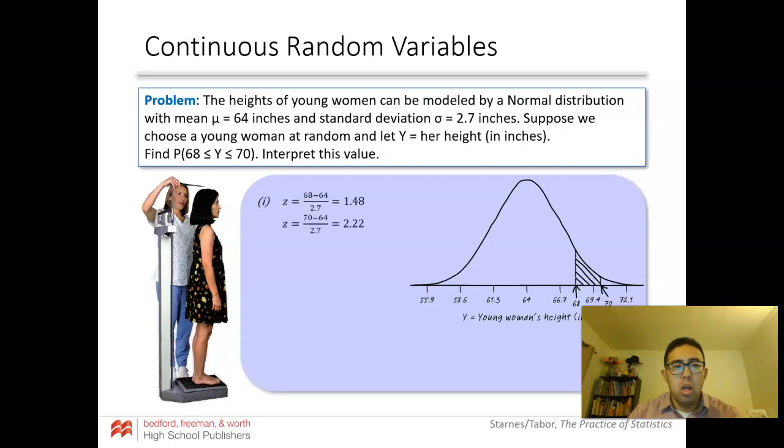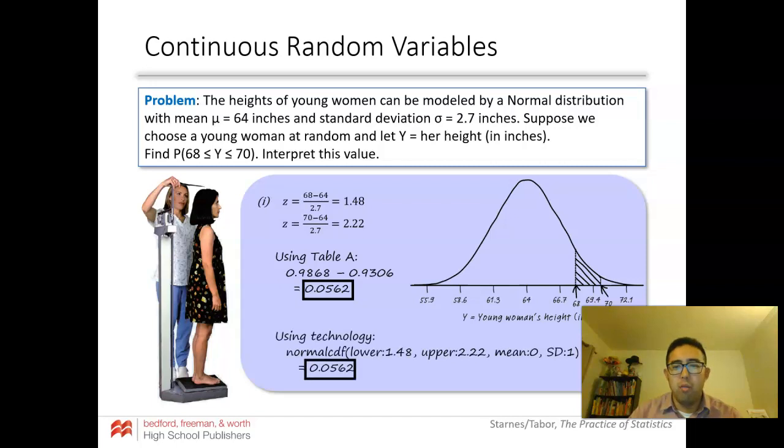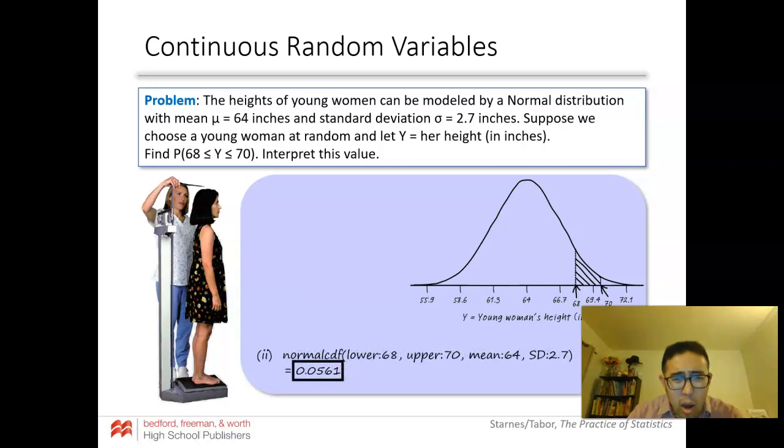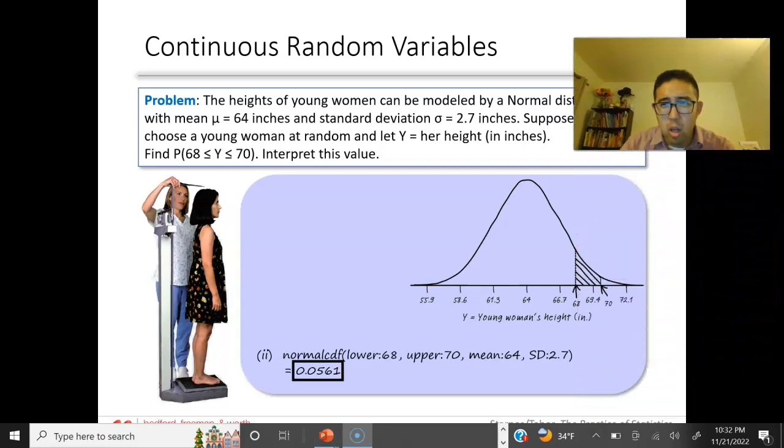Well, let's say we ignore table A. If we were to do it using technology, actually, even this is not right, I would use this one right here.